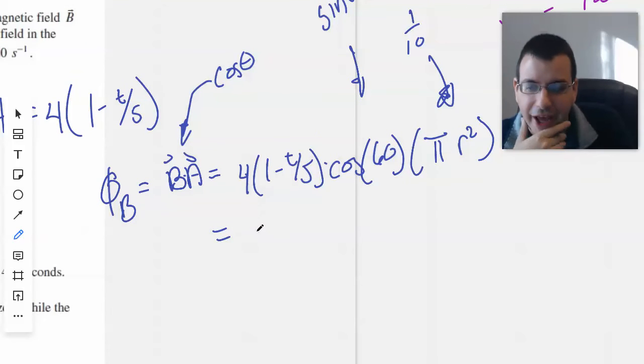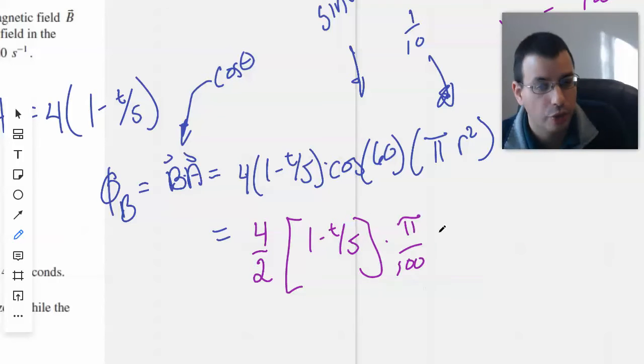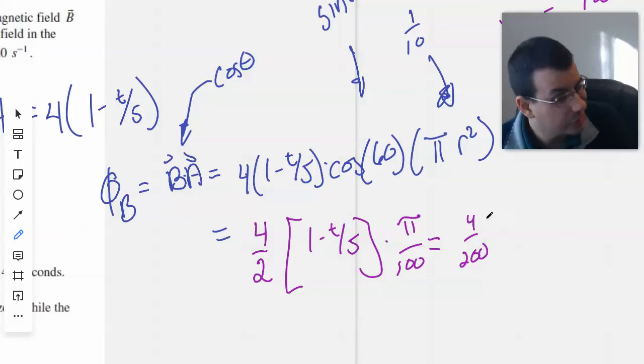Okay, so we have, let's see here, 4 divided by 2, because that's the 1/2 there, times 1 minus t over 5 times pi over 100. 100 is 0.1 squared. So this is 4 over 200, which is 1 over 50.